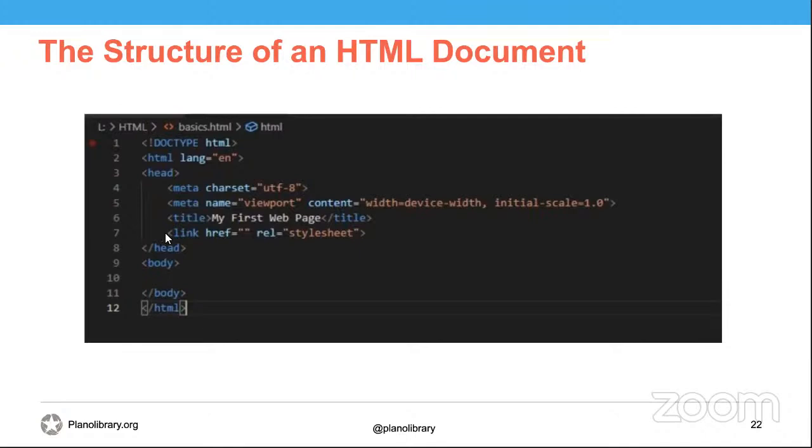Line 7 is the link element. The link element is an element that links to a separate document, such as a CSS style sheet or a Google font document. It's not to be confused with the anchor element. So the link element doesn't contain a closing tag, so it's just that one opening tag.